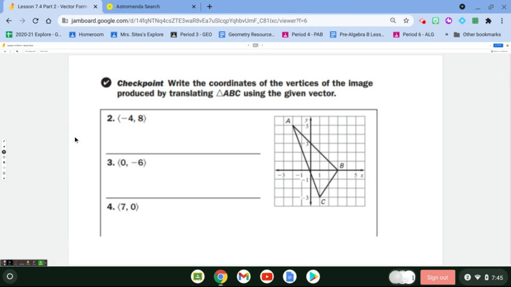For the last part of today's lesson, I want you to write the coordinates of the vertices of the image produced by translating triangle ABC using the vector. So again, I'm not asking you to graph this.